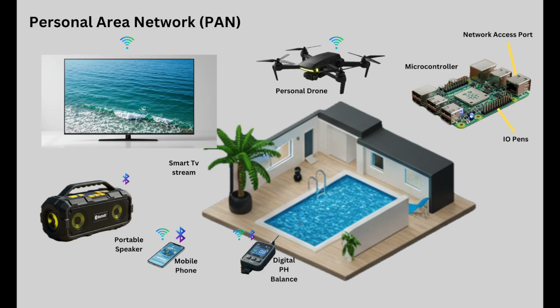So in this case, you could plug in an Ethernet cord, and it would go to this little device and would have internet connectivity. And it also has the I/O pins, which stands for input and output. And from there, you can connect different cables. They have cables specifically made for this.